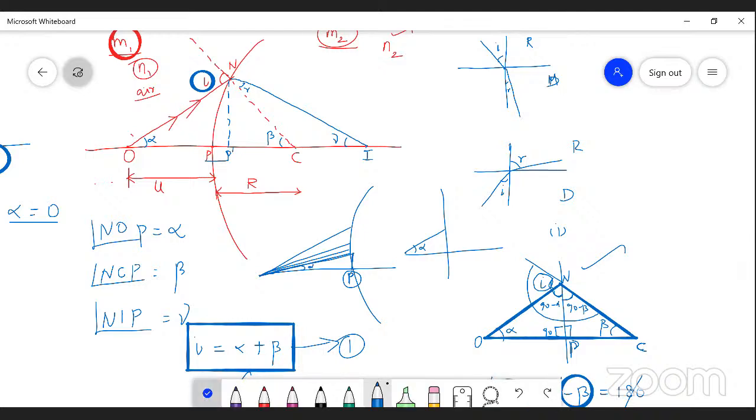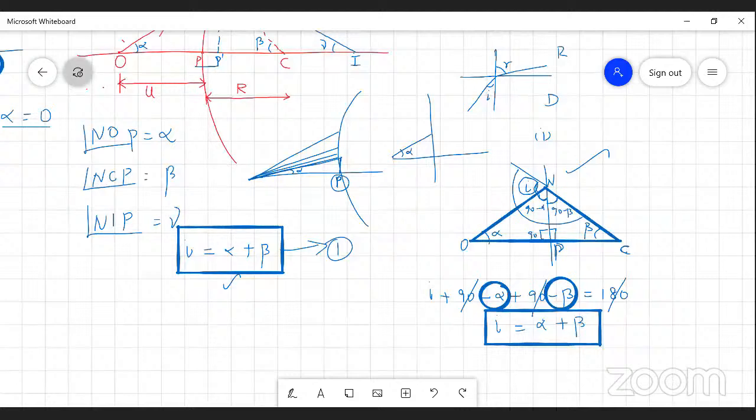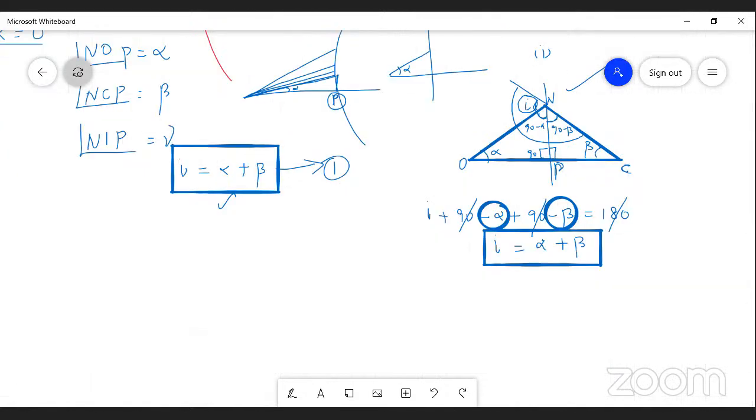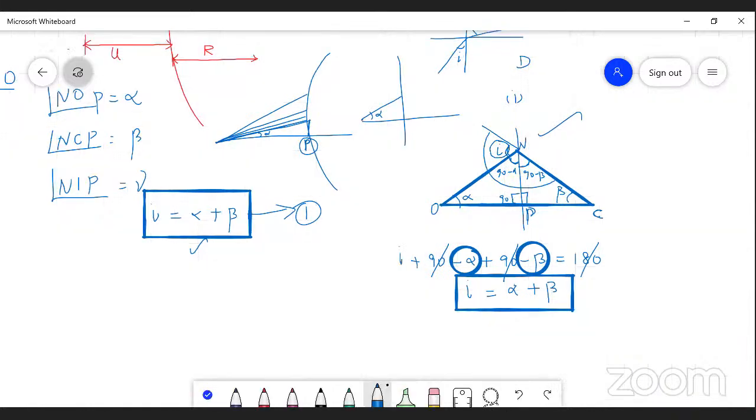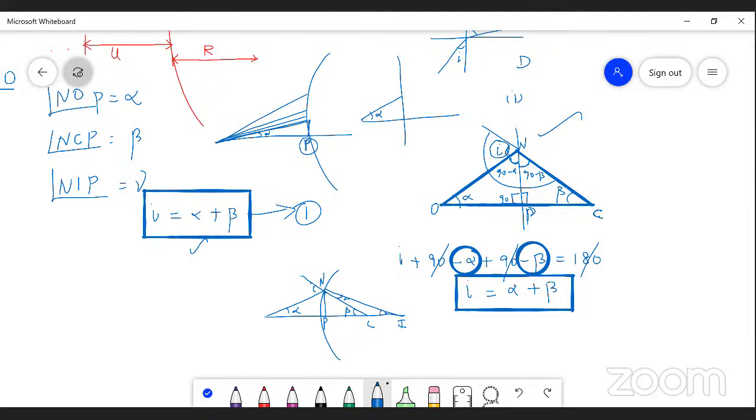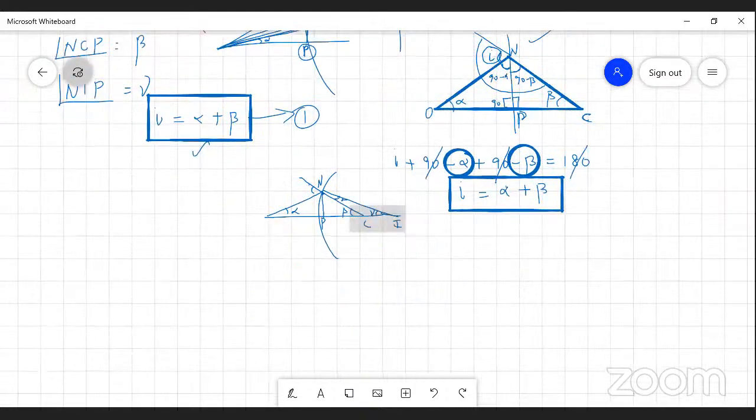I want to take this reference point C. This is point P, this is alpha, this is the angle of incidence, point C, this is beta, and this is where the image is formed, this is I, this is R, this is gamma. I want this beta from triangle NIP. See this.